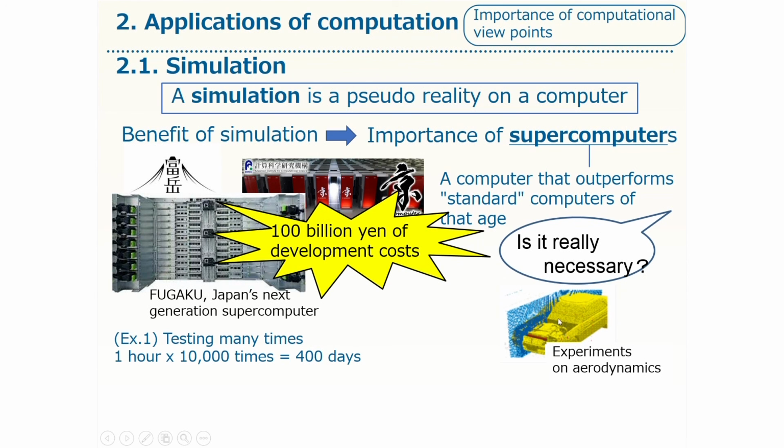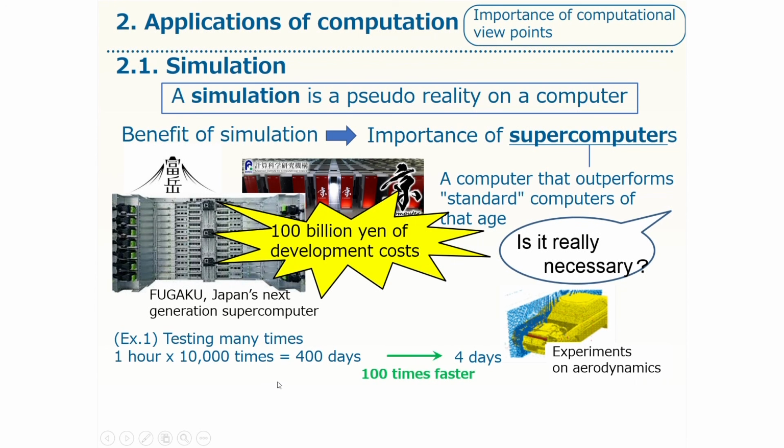Consider this wind tunnel experiment. Let's say that for each experiment, it took you 1 hour to perform. Let's say you are going to change the parameters here and there and wish to conduct such experiments 10,000 times. Then that would amount to 10,000 times 1 hour, which is 400 days.